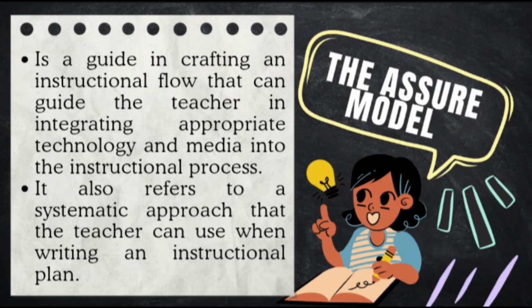Instead of planning randomly, the teacher follows a clear sequence of steps, making sure every part of the lesson, objectives, activities, materials, and evaluations, is well planned. This systematic approach ensures that the lesson becomes effective, organized, and aligned with learning goals.